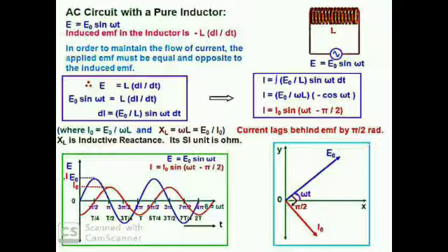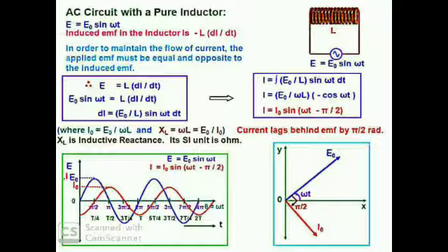In order to maintain the flow of current, the applied EMF must be equal and opposite to the induced EMF. The applied EMF must be at least equal to this back EMF.